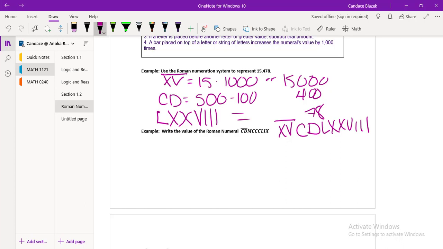All right, so let's take a look at going the opposite direction and knowing how to write the value of this Roman numeral. So with CD, that's going to be 400 because C is 100, D is 500, C comes before D, so that's 400 times 1,000. So CD with a bar equals 400,000. M is 1,000.